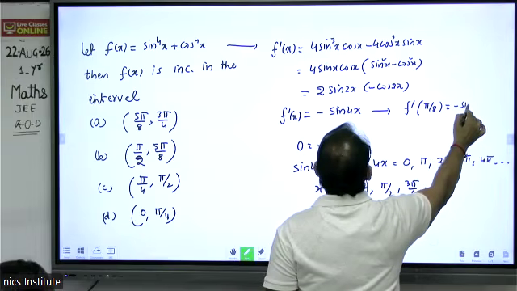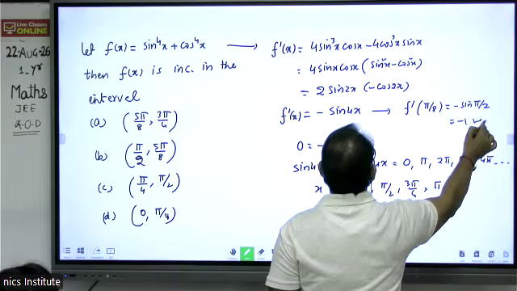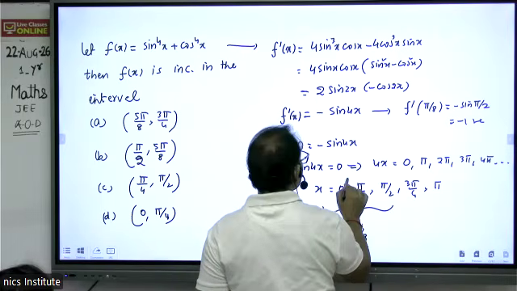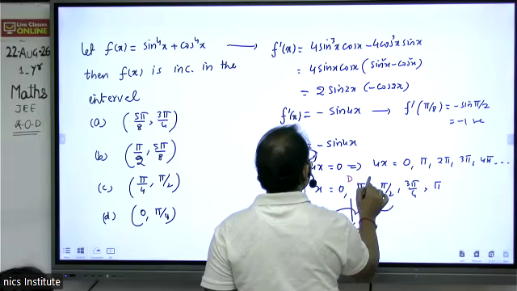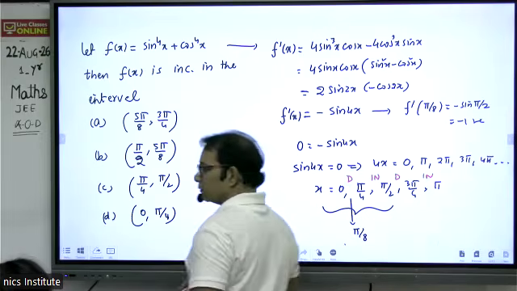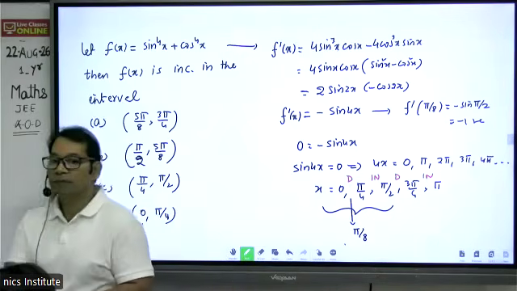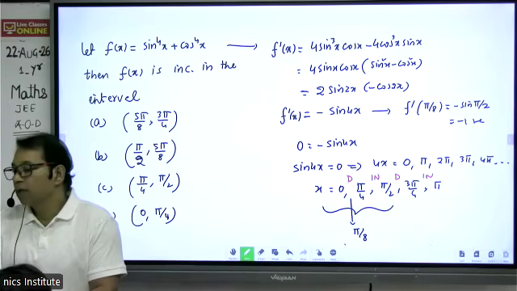It is sine of pi by 2, which is minus 1. So in the first interval, function is decreasing. Then it will alternate: decreasing, increasing, decreasing, increasing. Right? So 0 to pi by 4 function is decreasing.